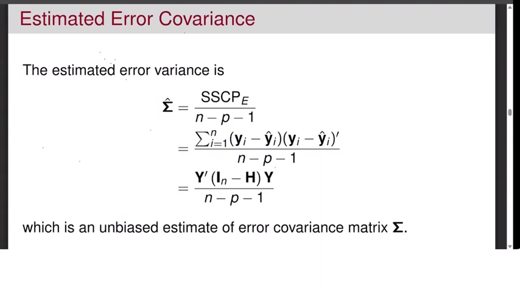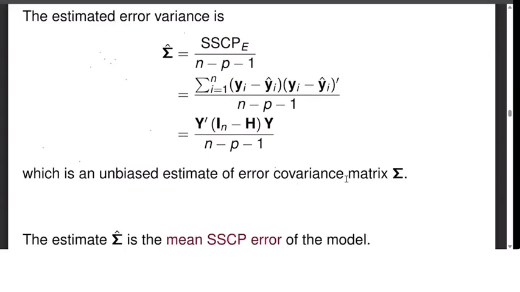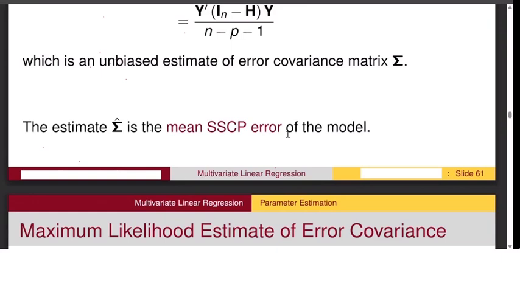This is written in matrix form. And this has been shown to be unbiased, in the sense that we derived that the expectation of the estimator, the one with the cap, is equal to the true covariance structure. So that is unbiased.